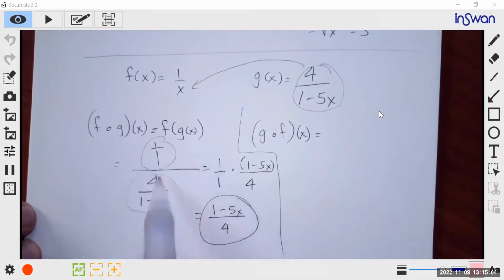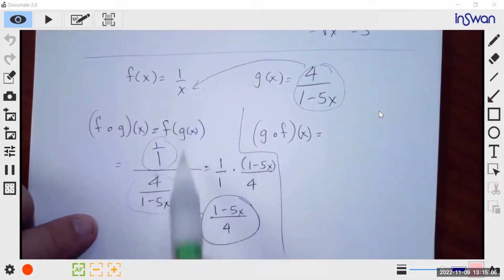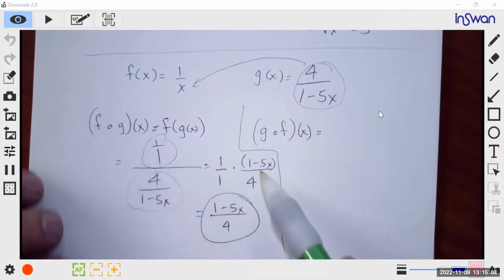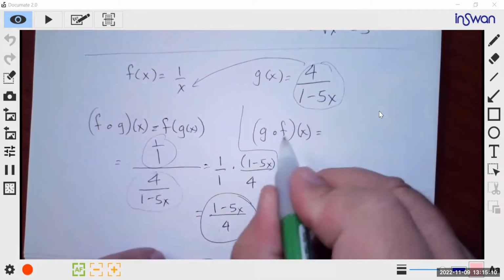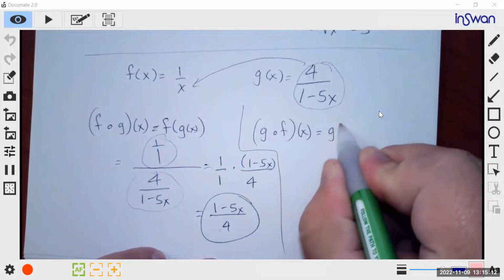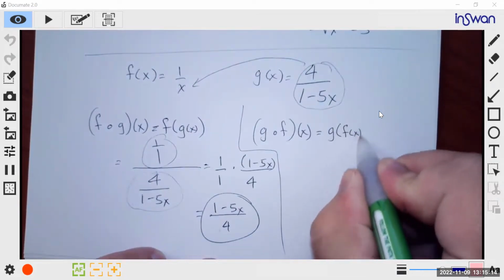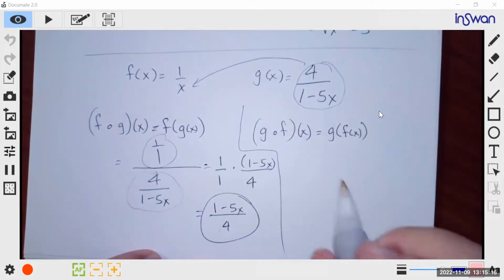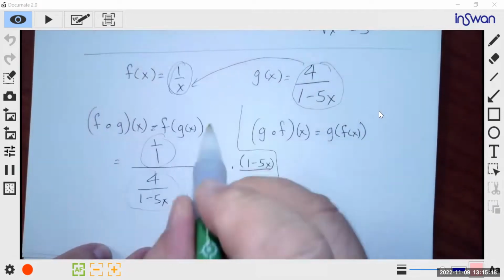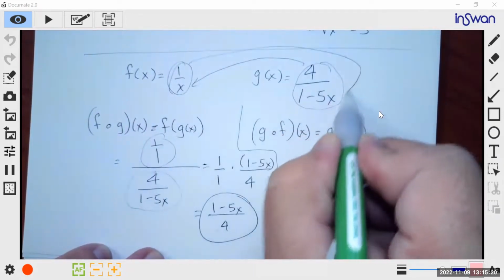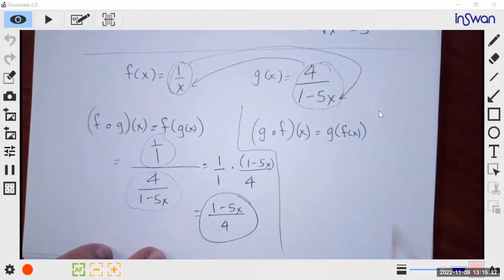That's the g of x put in place of x on the bottom. I have a fraction over a fraction, so I have to flip the bottom and work it out. The second one, I take my f function, anywhere I see an x and the g, I put it where it is.